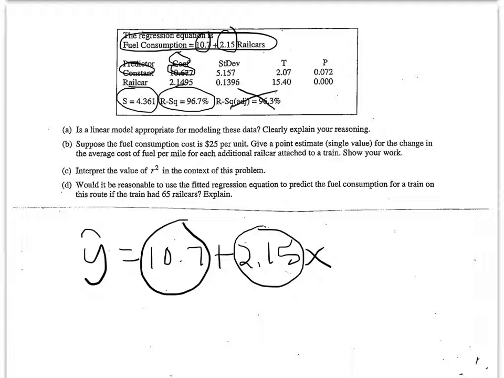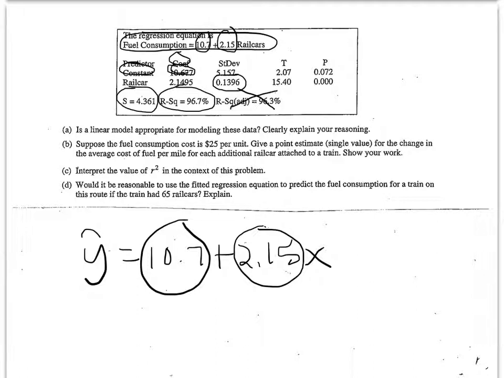The 5.157, that's the standard deviation for the y-intercept. And the standard deviation on the rail cars, that's the standard deviation on the slopes of the regression lines. And then I've got the t-values, my t-score, and then the p-value being the tail probability value that pairs with that particular t-score.